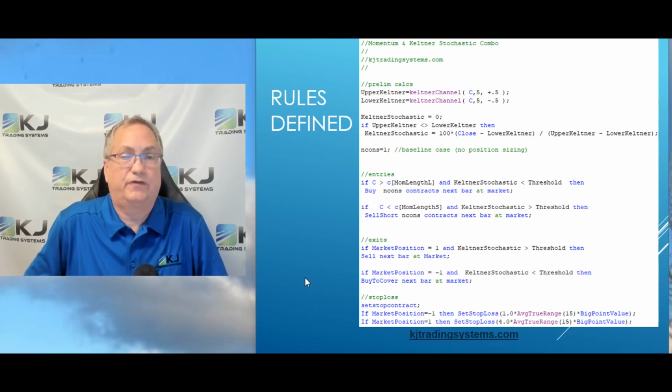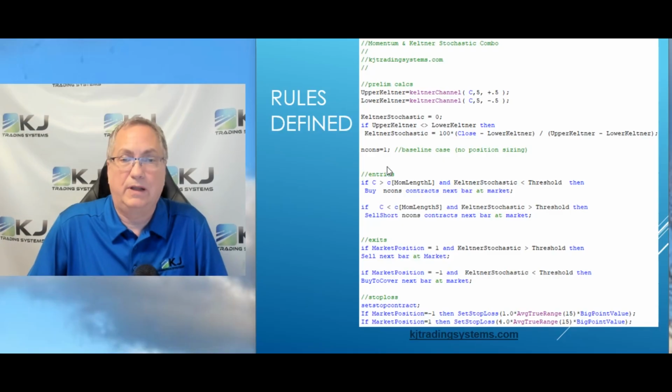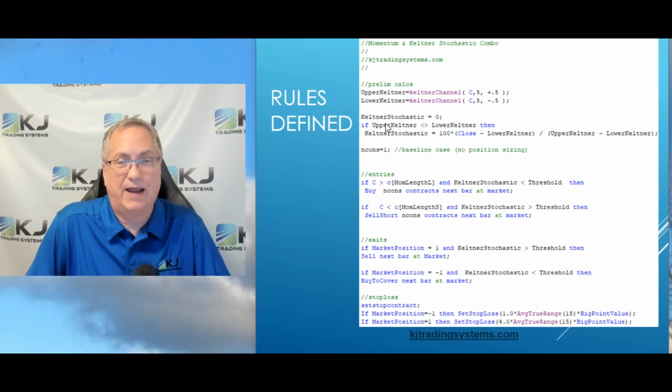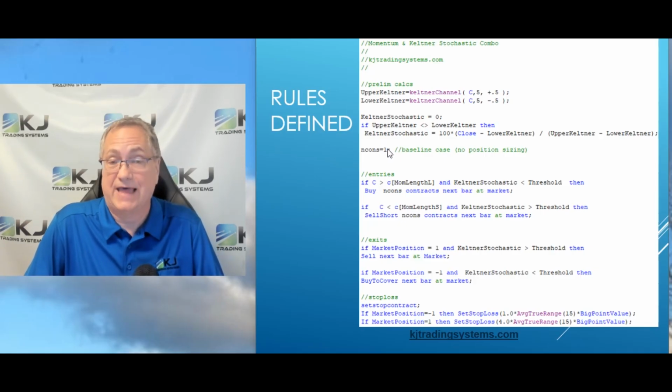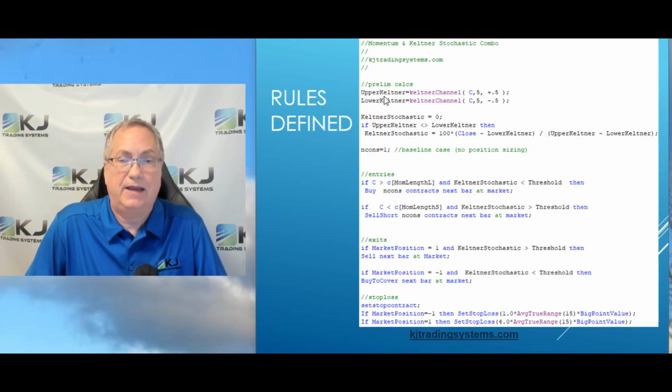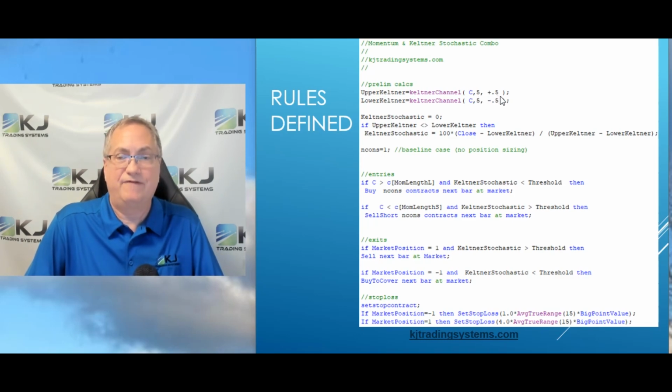So here are the rules defined. I'll go through this pretty quickly, but this is TradeStation code, and I think you'll be able to follow along no matter what trading language you use, because TradeStation uses EasyLanguage, which is just that. It's pretty easy. So first, you calculate the upper and lower Keltner channels. It's a 5-period Keltner channel with 0.5 ATR, and it uses the closing price.